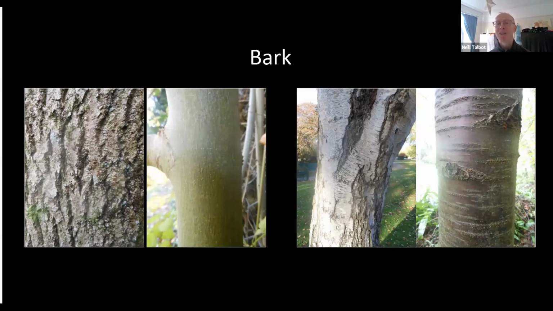So the third picture along is silver birch, and that's got very distinctive silvery bark with, you can't actually see it very well on this picture, but quite often it has sort of black diamond shapes within, interspersed amongst the paler silver areas.